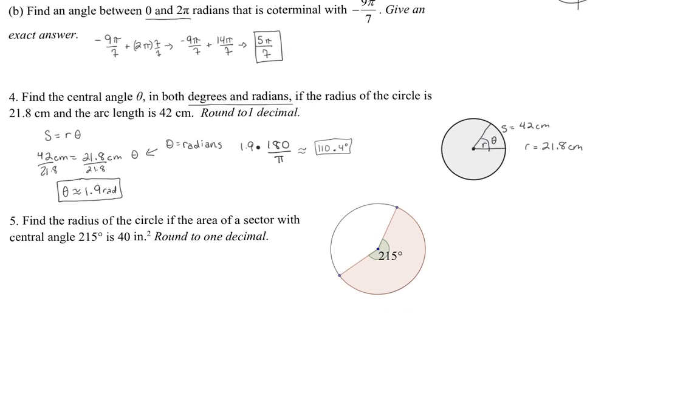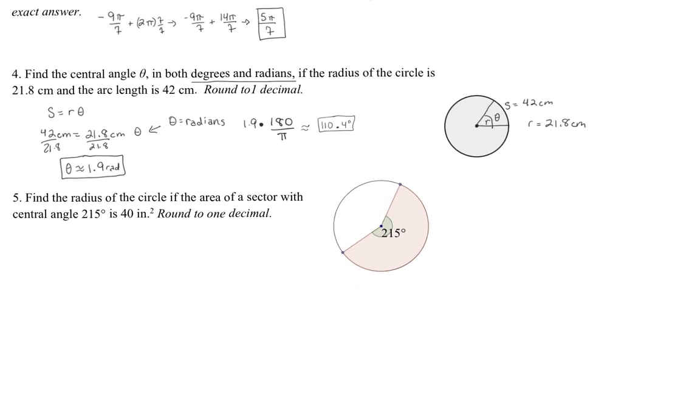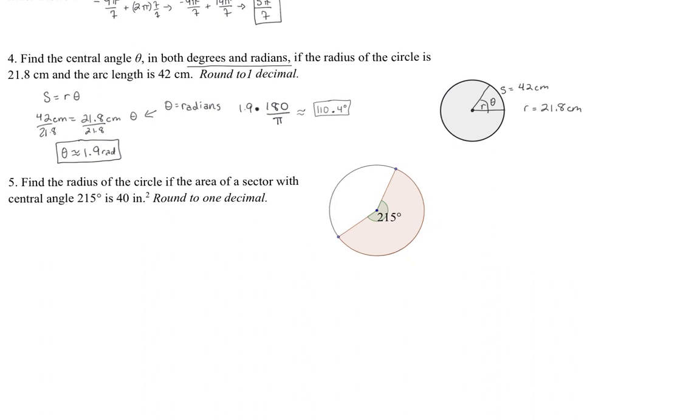Alrighty, so now it says find the radius of the circle if the area of a sector with central angle 215 degrees, my bad, is 40 inches squared. So we can remember that area of some section on a circle is 1/2 radius squared times theta, and theta here is supposed to be in radians.